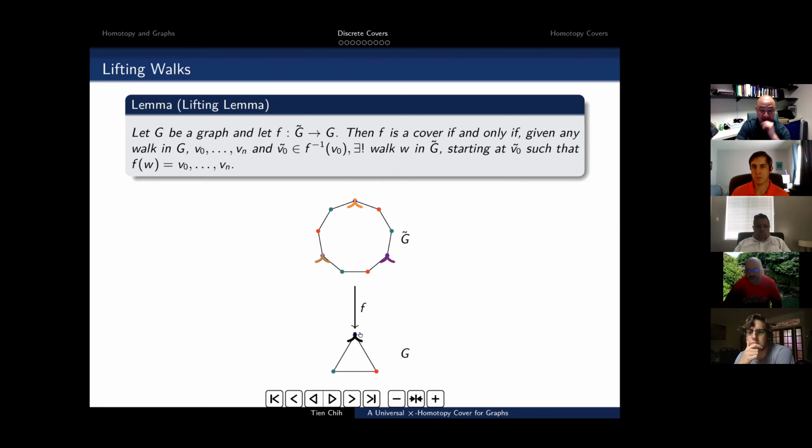So for example, if I go from blue to red down in G, you have to go from blue to red up in G tilde, there is no choice, right? And then the next step is green, back to blue, back to red, and so on. Any walk has to lift uniquely.